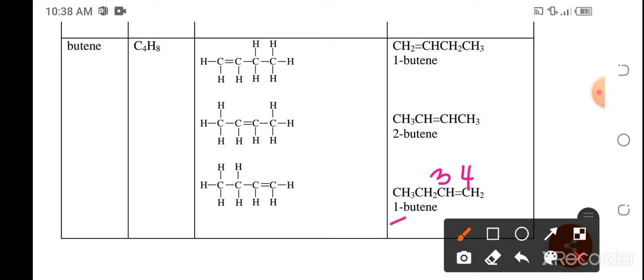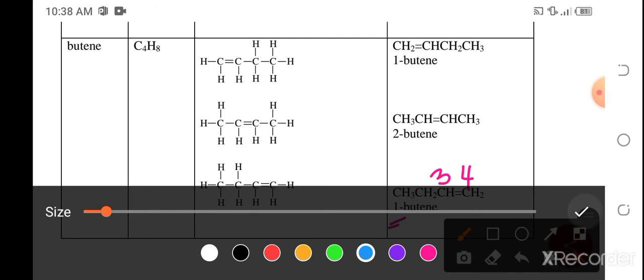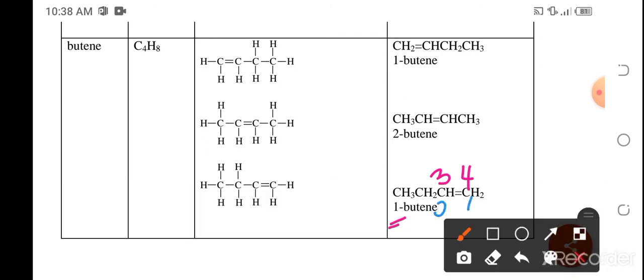Pero bakit 1-butene pa rin ang kanyang name? Kasi nga, it could be numbered from left to right or right to left. So, if that is 3 to 4, the other one could be this one, 1 and 2. So, we are choosing the one that will give us the lowest locant. So, still 1-butene. Okay? So, parehas lang itong dalawang yan.